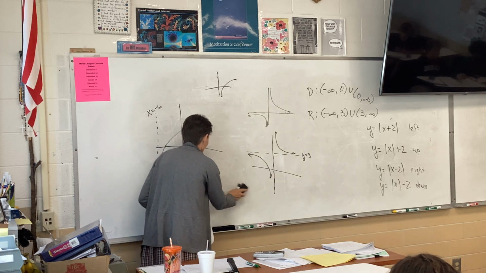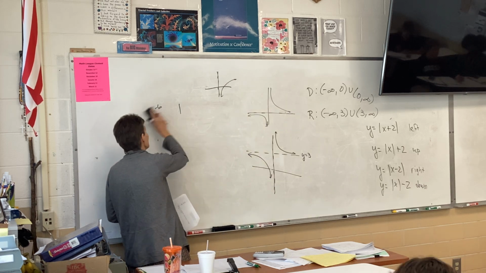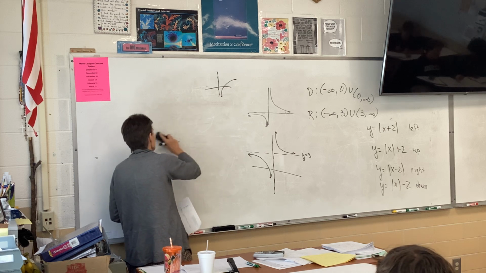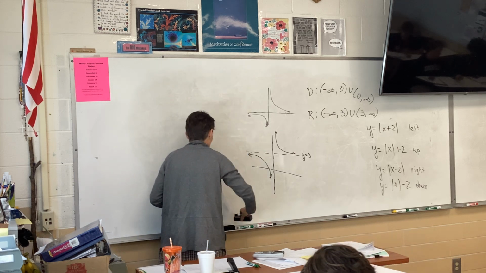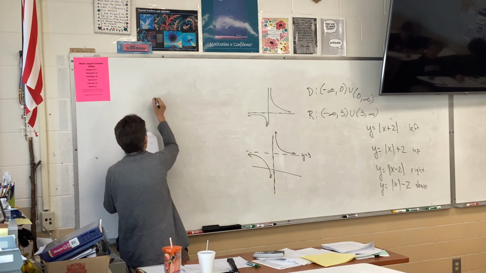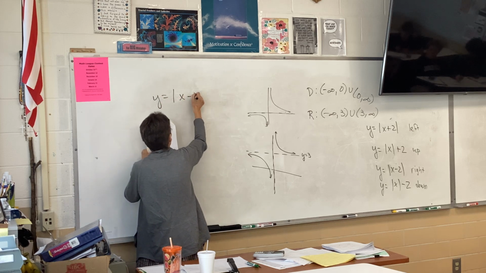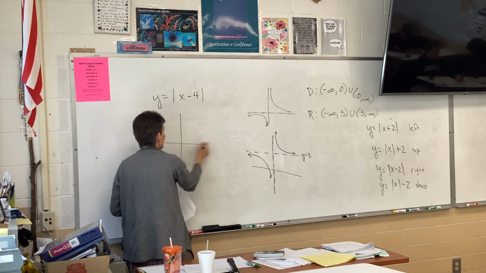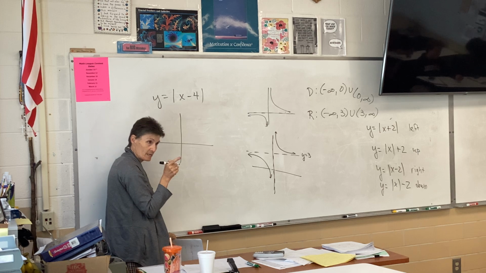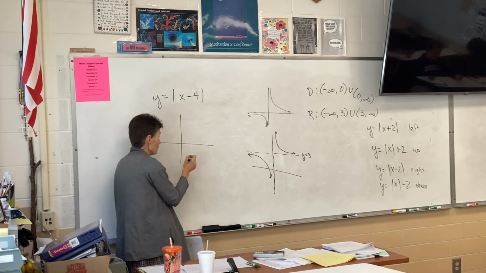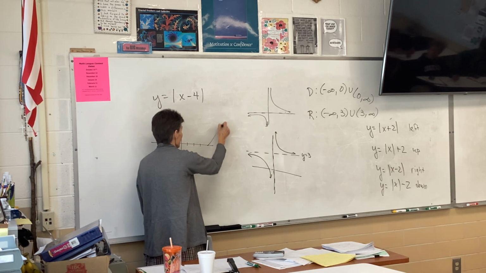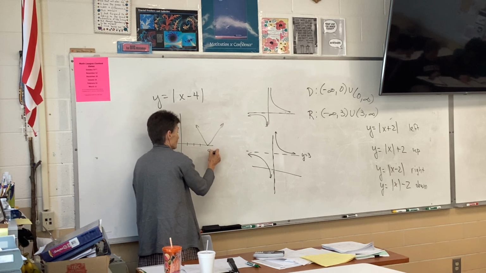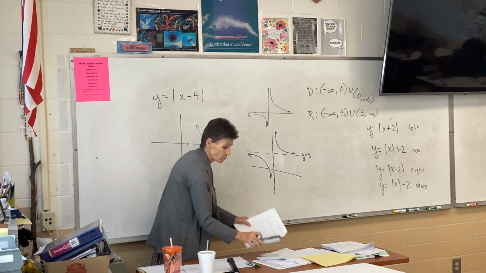Again, we're going to do this on our calculator, but you don't need it. Before we go to the calculator, tell me what this is going to look like. It is going to be an absolute value V, moved right 4. All right, let's graph it and see.